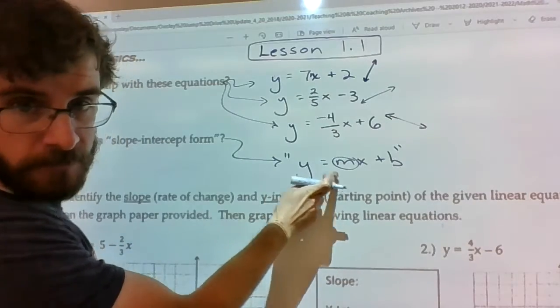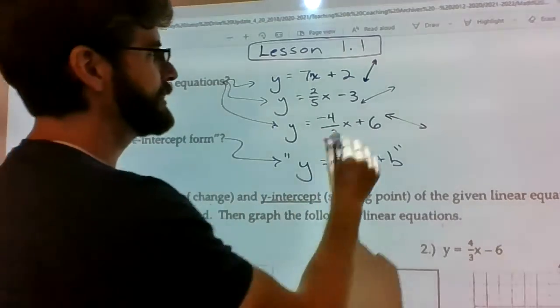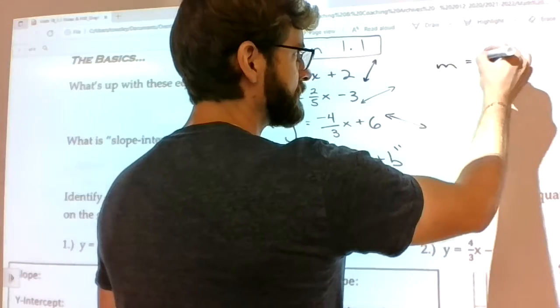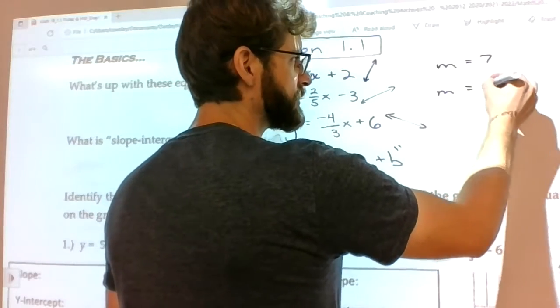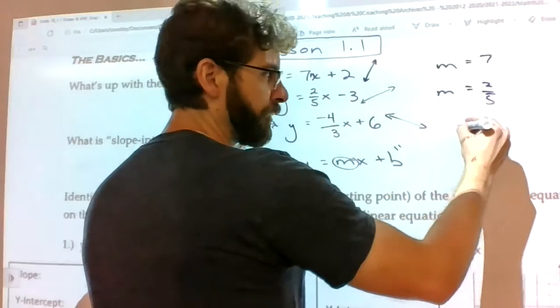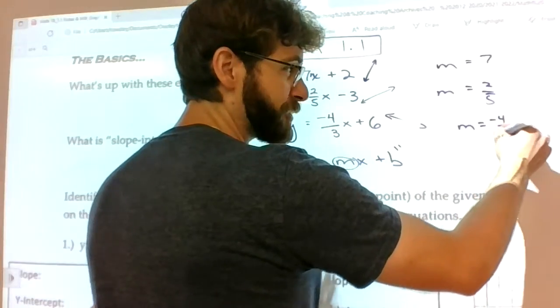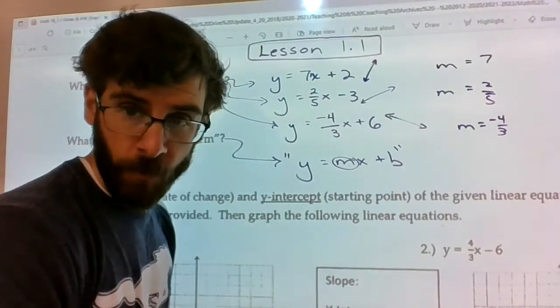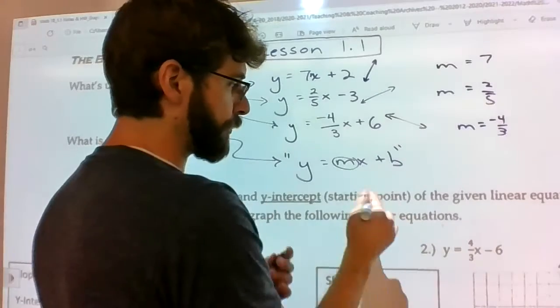Slope, okay? So here, m is 7, m is 2/5, m is negative 4/3. And a better way to think about slope is as your rise over run.